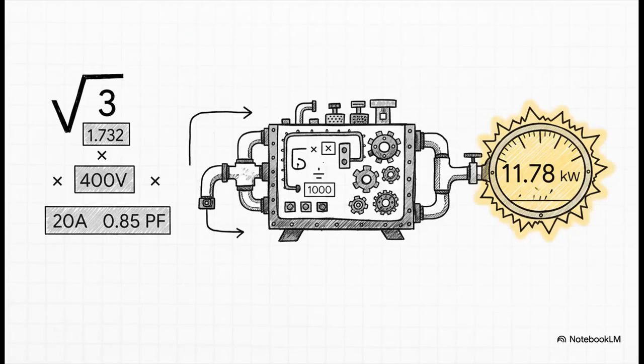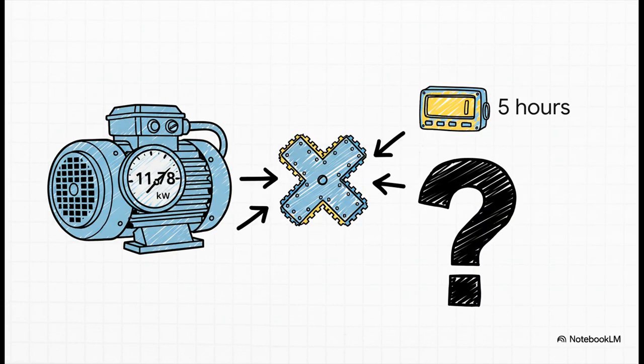Okay, let's do step 1, but this time with our three-phase formula. We're going to start with that special number, that 1.732, remember? And then we multiply that by our voltage, our amps, and our power factor. Then divide the whole thing by 1,000, and we get a much, much beefier power rating, around 11.78 kilowatts. And now for the final step, step 2.